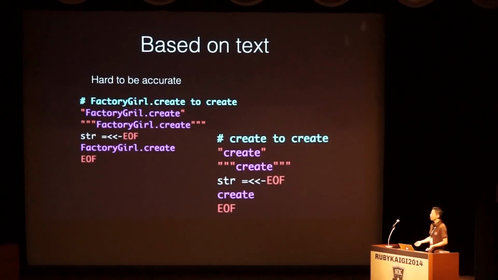For example, if the FactoryGirl.create is in a comment or in a string, you should not convert it. But just for me, I think it's difficult. It's hard to cover all the cases of what you should convert and what you should not convert.